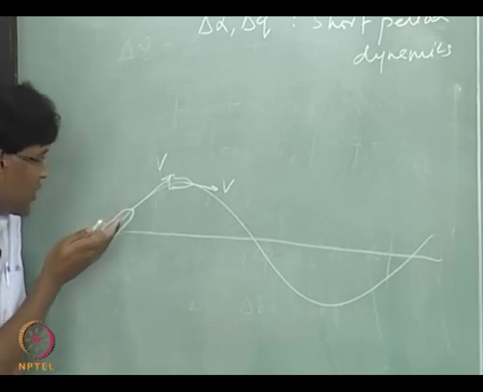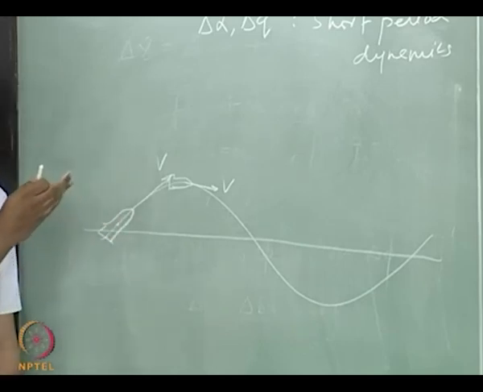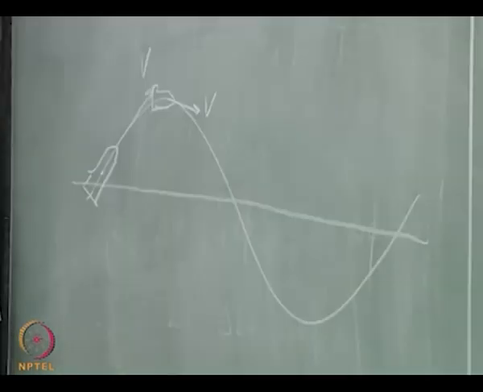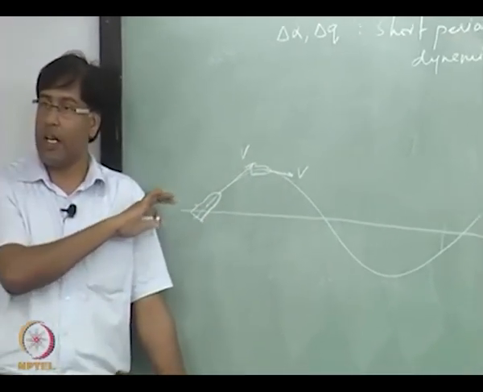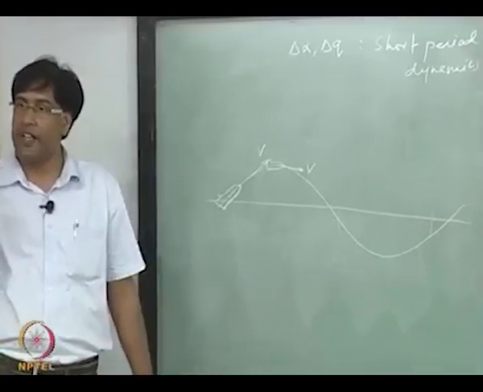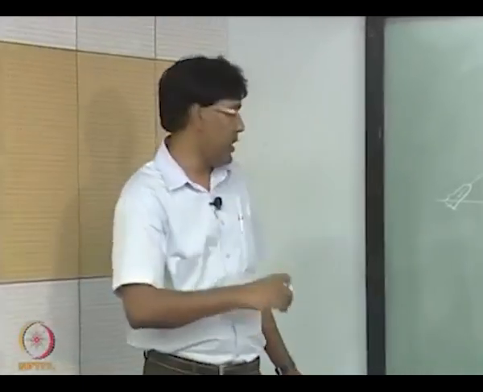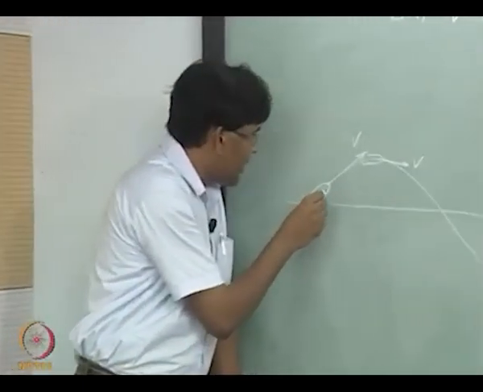What the aircraft is doing is following the velocity vector, so that means the change in angle of attack is 0, right? Whether it will be 0 or not in an actual situation, because here we are making some approximations, delta alpha may be very small and not 0, but it looks like that.